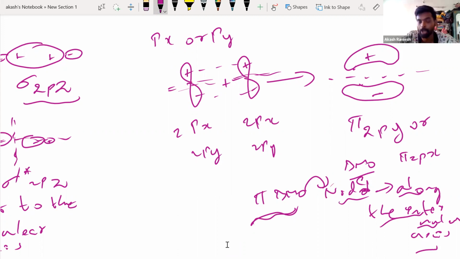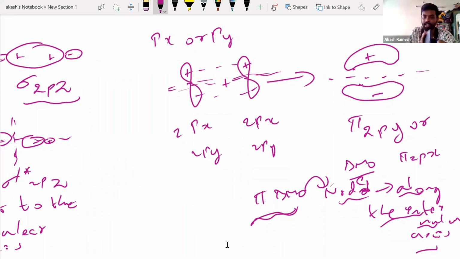Yeah, correct. So now you see that this is one idea. Look at it like this. There is one p orbital like this, and the same thing I can have like this also.